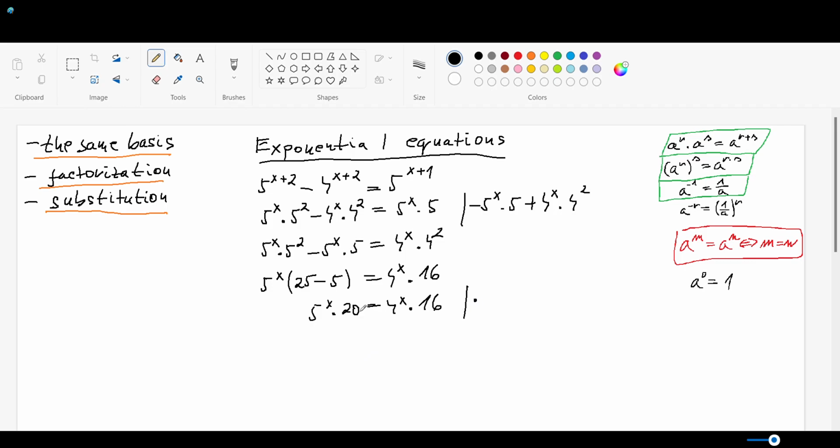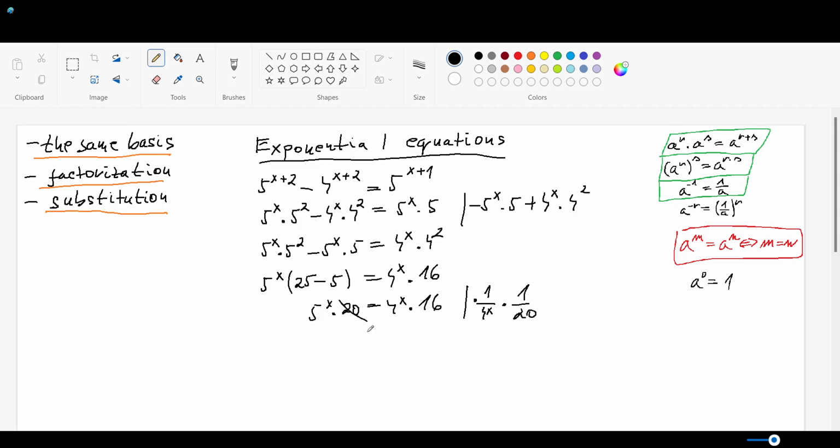I want to have x's on one side of the equation and the numbers on the other side, and this is the general procedure. So let's multiply both sides of our equation by 1 over 4 to the power of x times 1 over 20, okay?